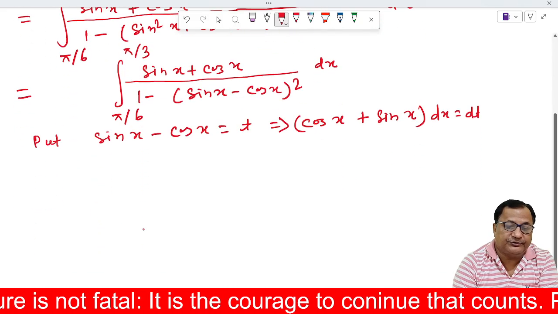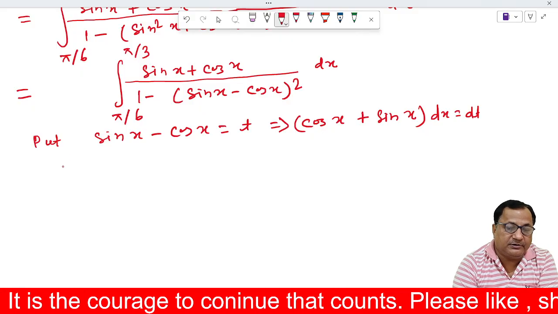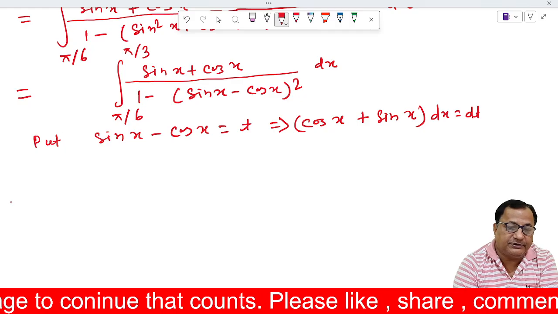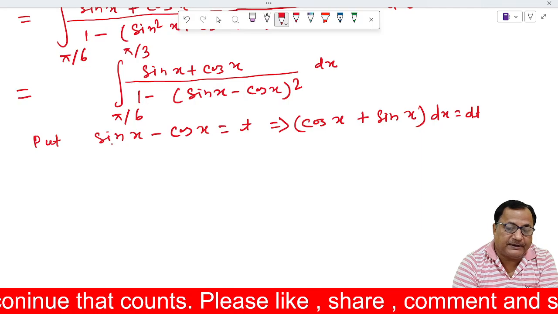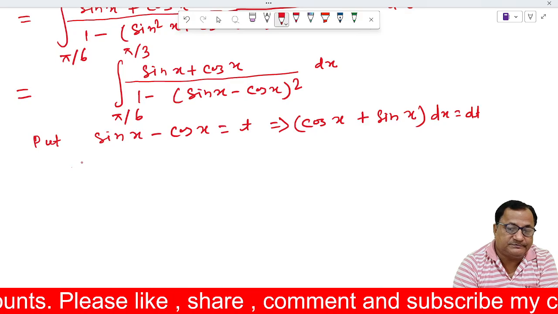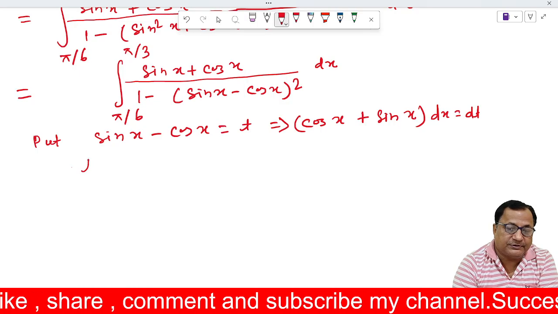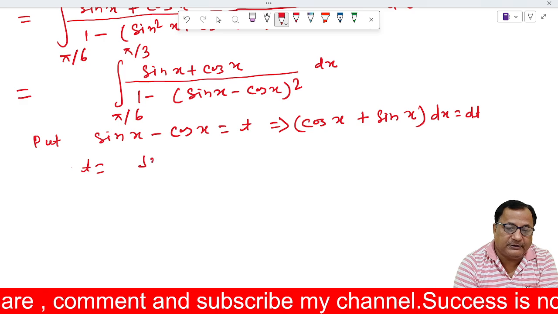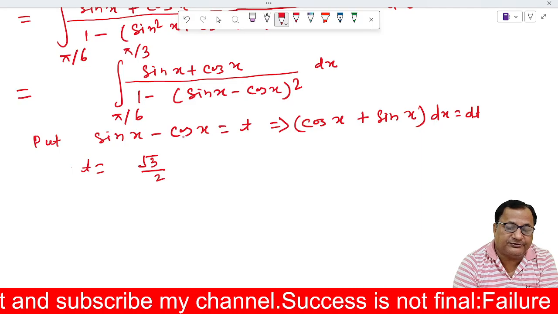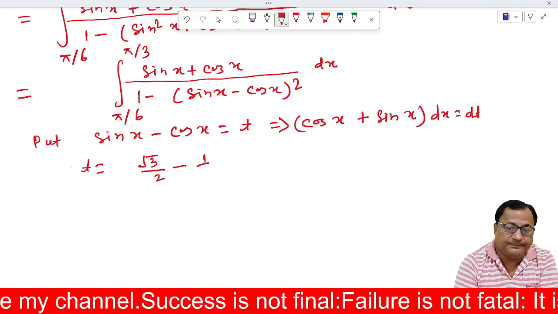The limit will also change. How will you change the limit? If you put the upper limit pi by 3, sin pi by 3 means root 3 by 2, and cos pi by 3 is equal to 1 by 2, so t is equal to root 3 by 2 minus 1 by 2.